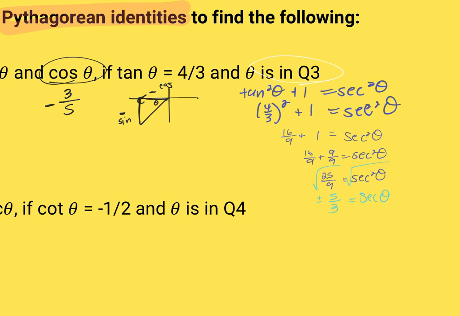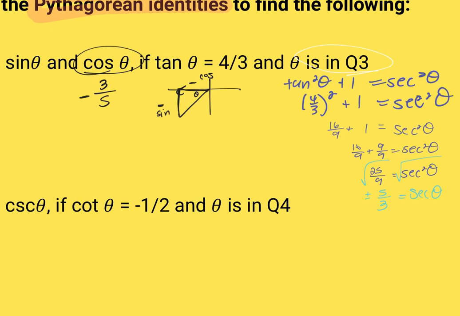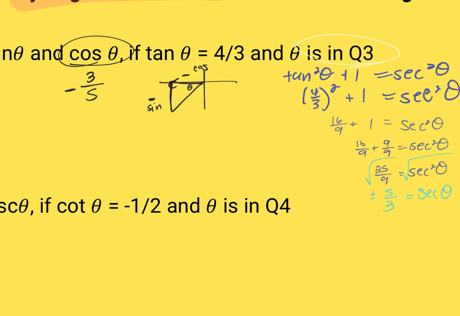You with me so far? Now, I would say there's two ways to find sine. One is you can do tangent equals sine over cosine. So I can say 4/3 equals sine, which is what I don't know, over the cosine, which is negative 3/5.